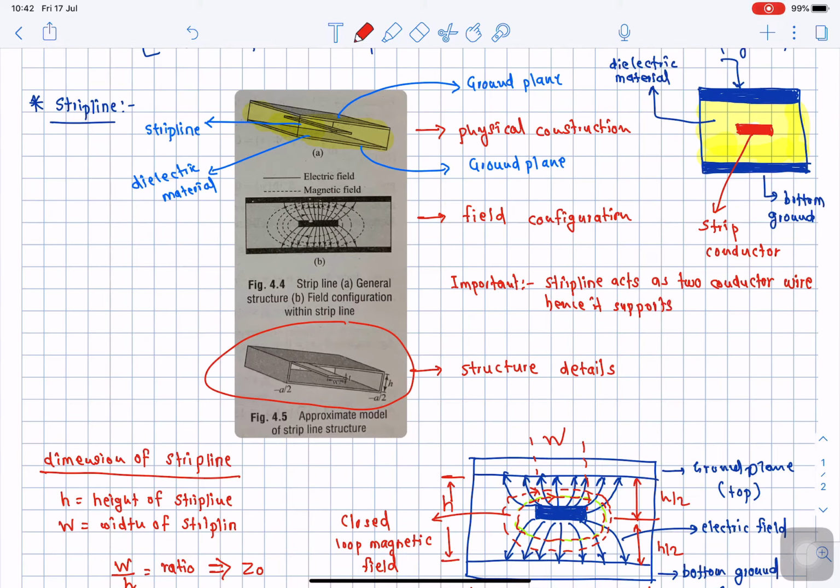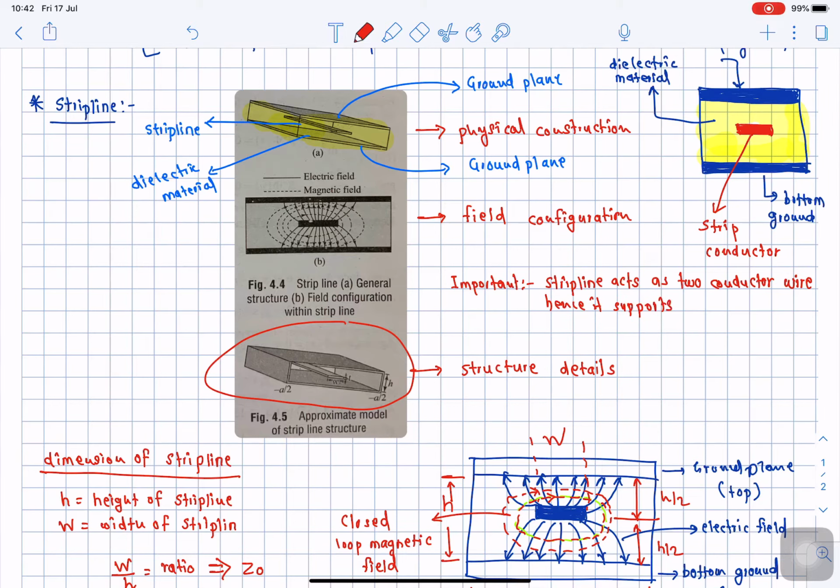As we already discussed, the characteristic impedance of the strip line is given in terms of width to height. It depends upon the ratio of width to height. So based on the same, we will write the characteristic impedance equation for the strip line. Now I will change the color.